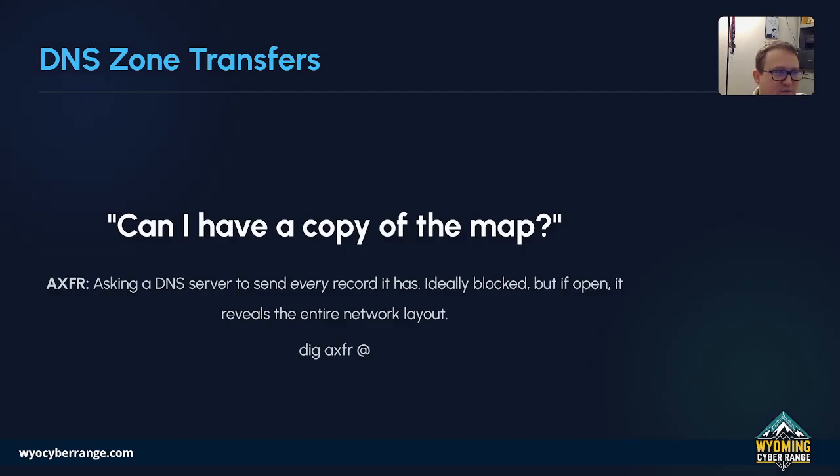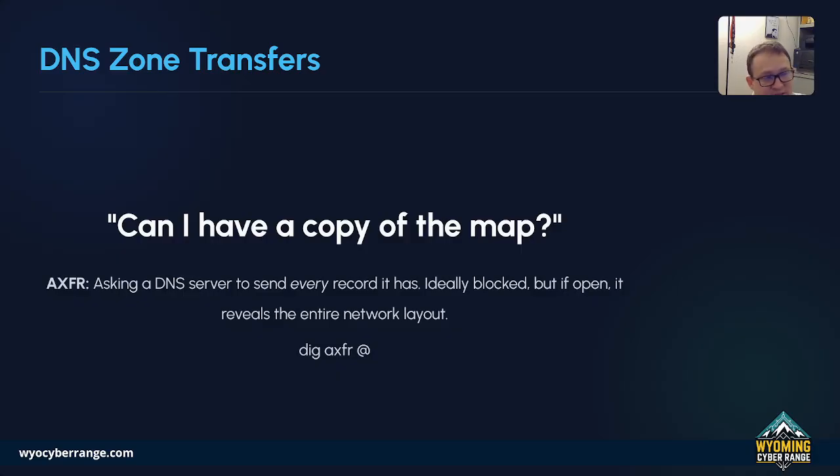DNS zone transfers. This is an issue if this is turned on, because it's basically like saying, can I have a map of your entire network? A zone transfer request is meant for syncing up backup servers, but if it's open to the public, it will let you dump the entire DNS record to your screen, and now you have a record of everything: the DNS servers, the mail servers, the Active Directory servers.